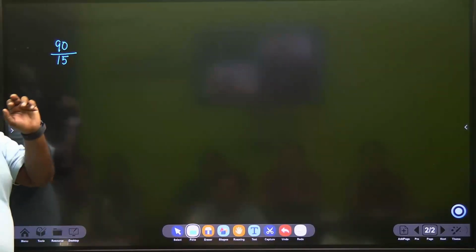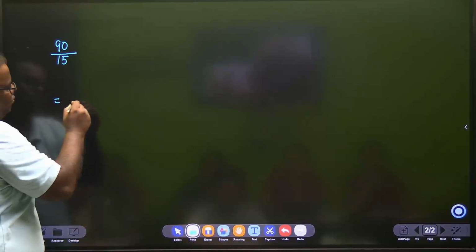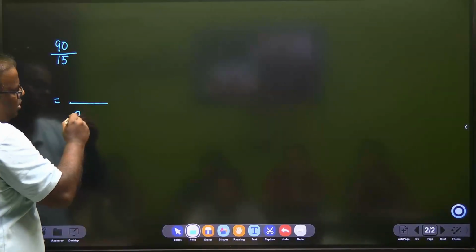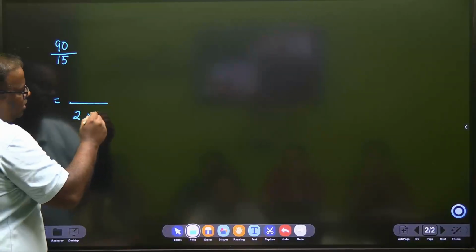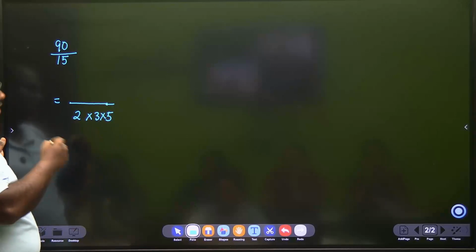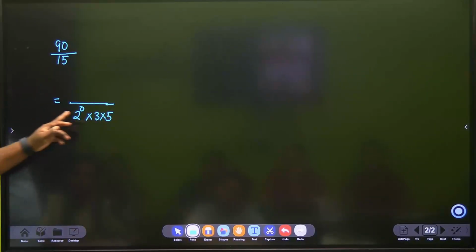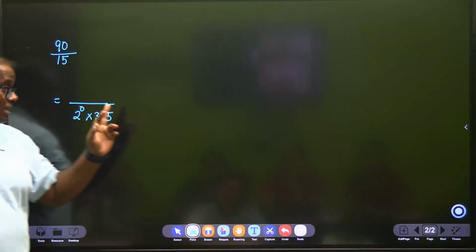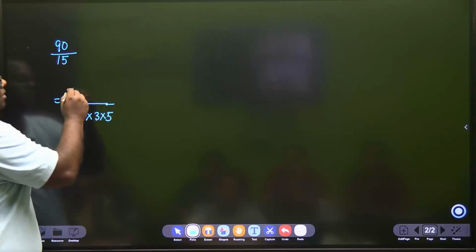Now in order to check this decimal, first let us break up 15. 15 can be broken as what? 3 into 5. So we have a 3, we have a 5, we need a 2 also. But 2, we can put a 2 to the power 0. 2 and 5 have come. This 3 is an unwanted member. We can break this one.